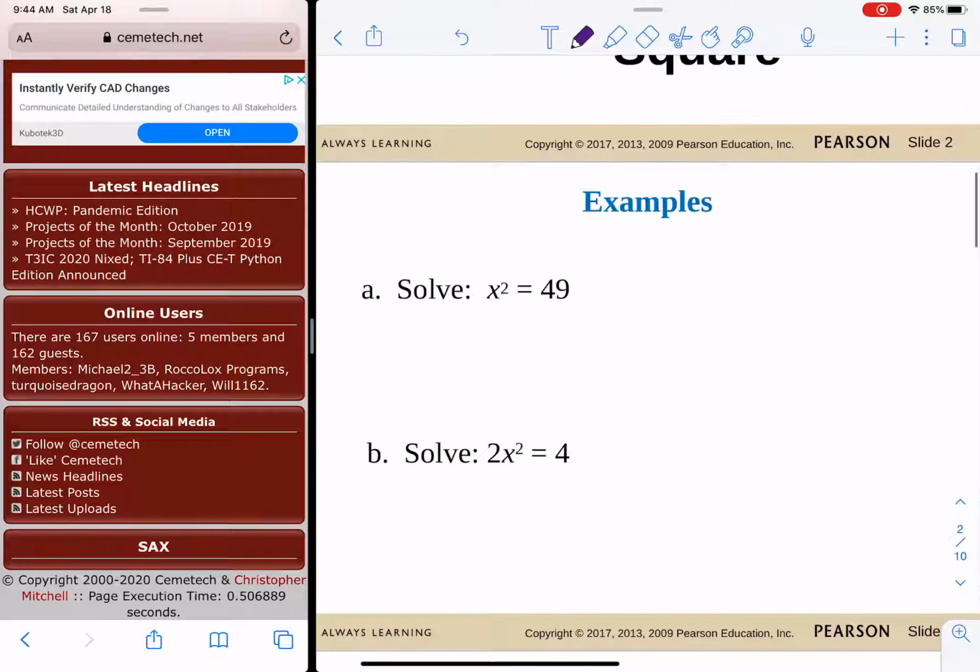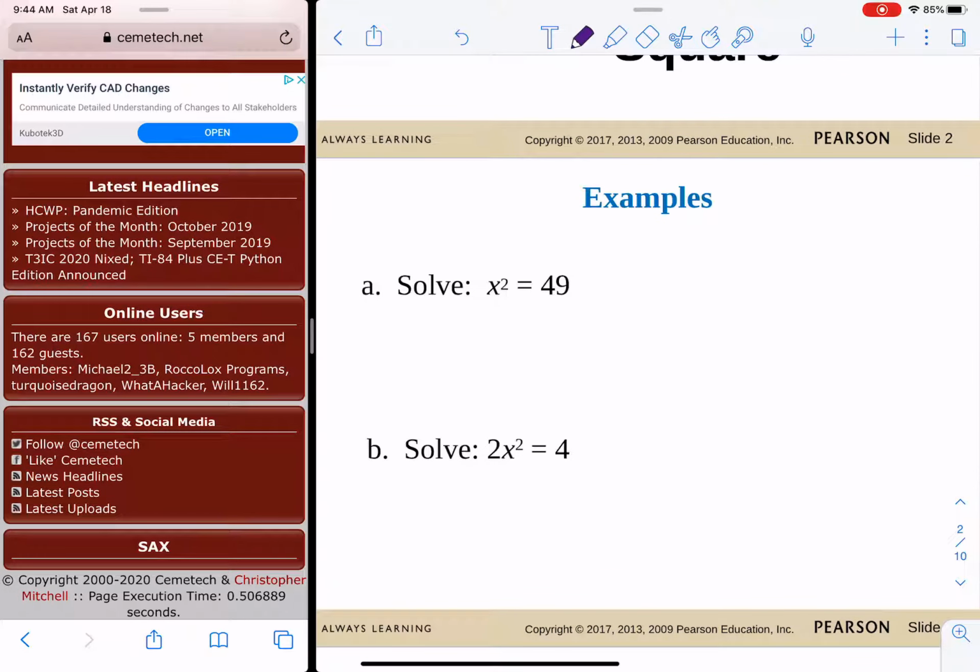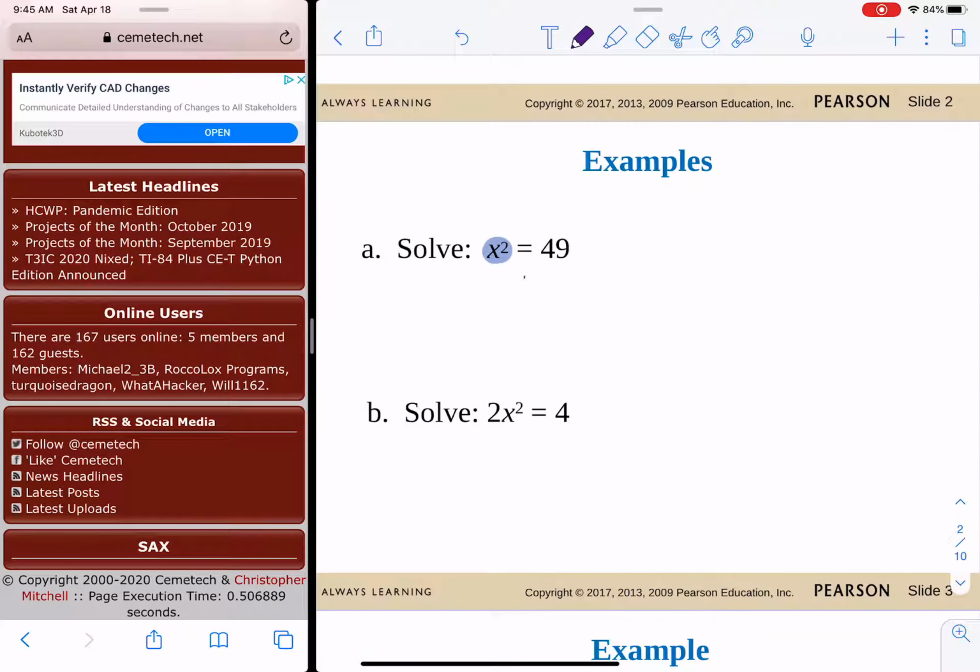So here is the first equation, which is x squared equals 49. The left-hand side is a perfect square, and the right-hand side is just a number. It doesn't have to be a perfect square, it just has to be a number. So what we do is take the square root on both sides, which is why we call it the square root property.